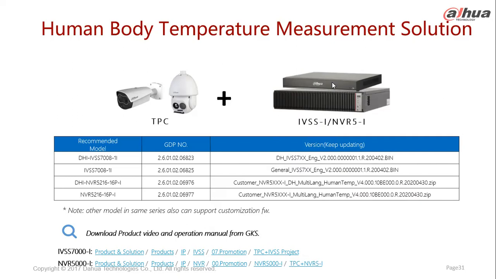The same way, we have a different version of DSS Express. We have DSS Express versions for thermal camera only solutions, so the system is customized to put more resources and more performance into the thermal solution configuration.